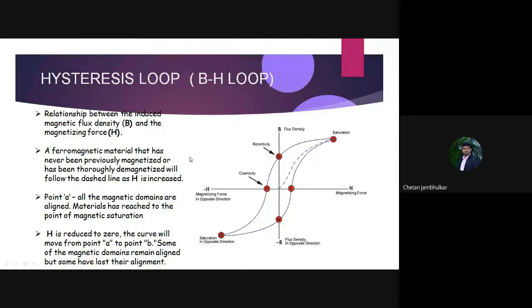A ferromagnetic material that has never been previously magnetized, or has been truly demagnetized, will follow the dashed line. This dashed line indicates that it is demagnetized, and when H is increased, B increases as well, so at that time both are high.